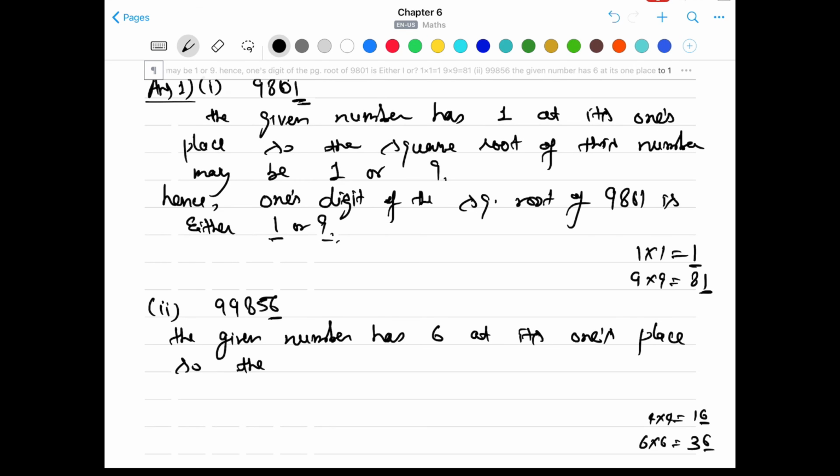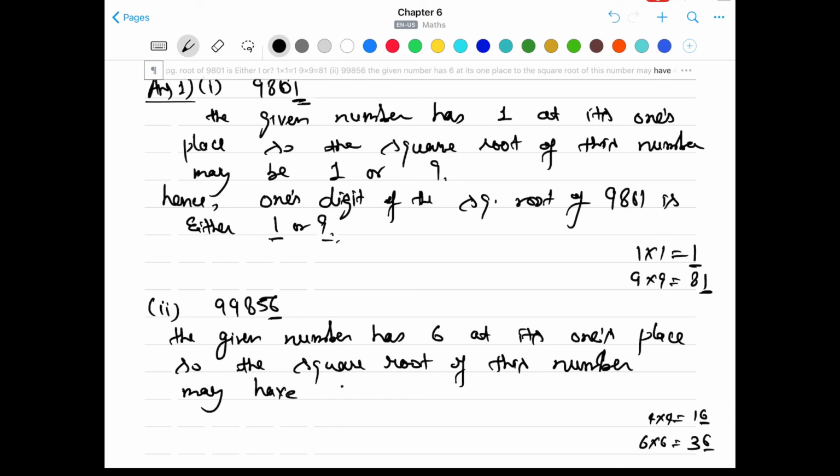So the square root of this number may have a 4 or 6 at its ones place.